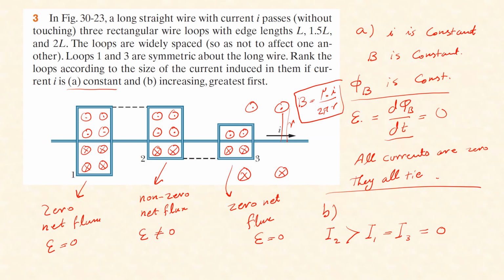All right, because on the second, when the current is increasing, there is some change of flux because there is net flux, and flux is proportional to the magnetic field. So it changes. But the other ones are 0. No matter how much magnetic field you have, the flux is 0.